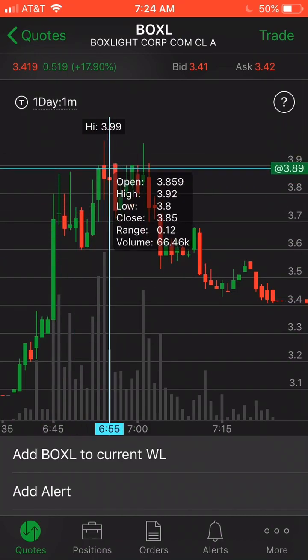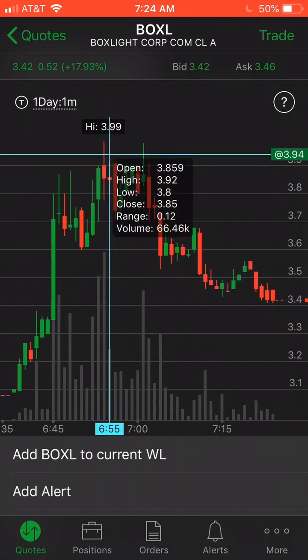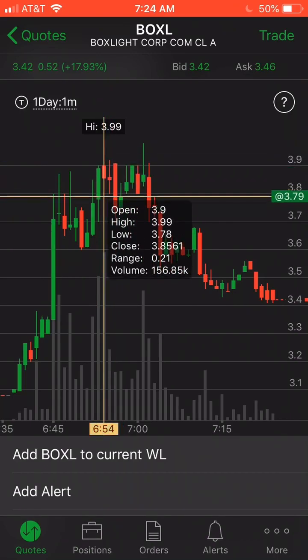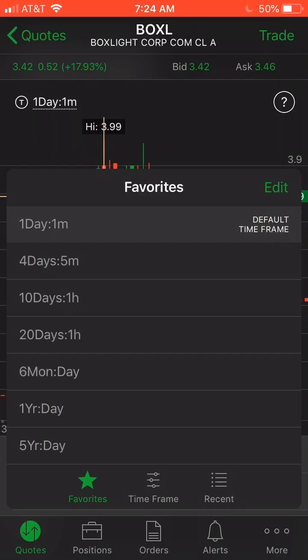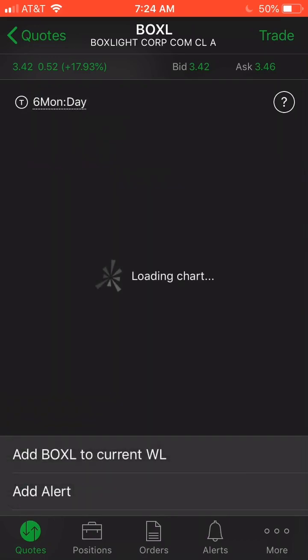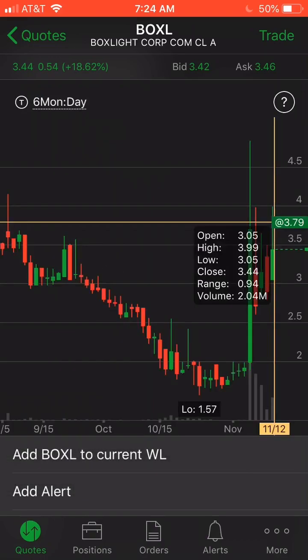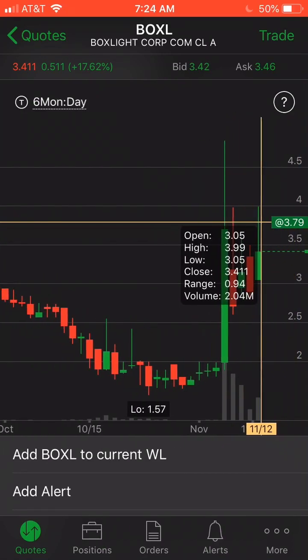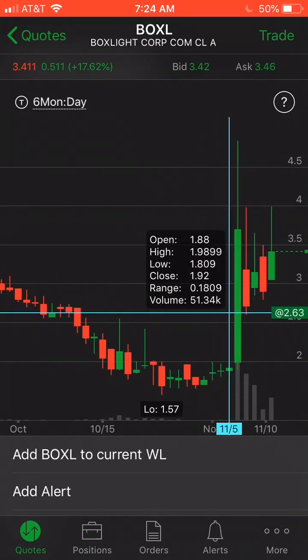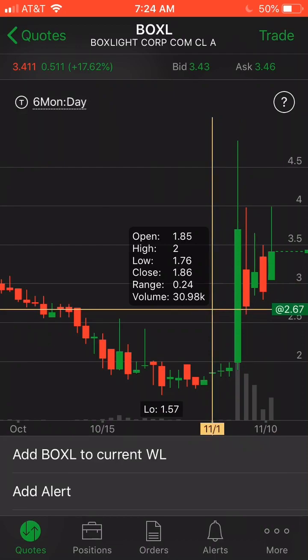And I showed you that it double topped about at 4, if we look back here on the daily chart. So I will not be trading this right now.